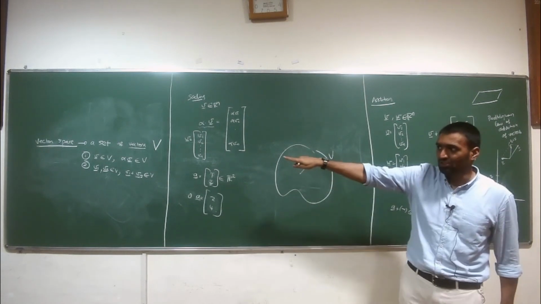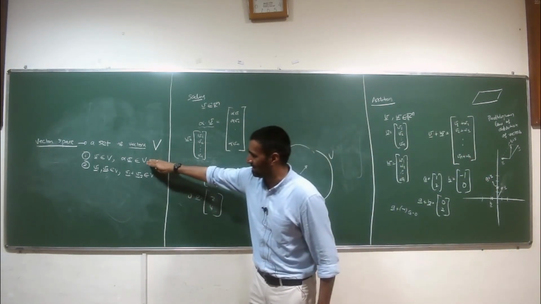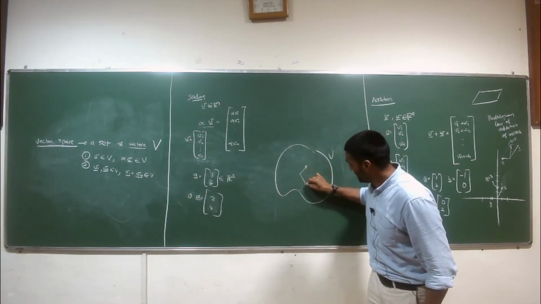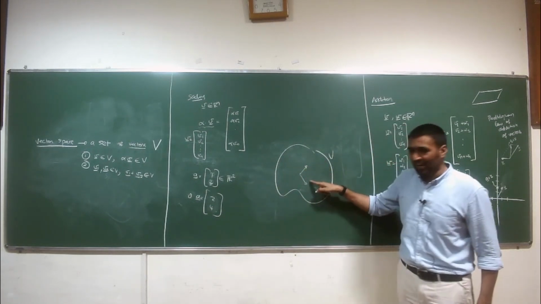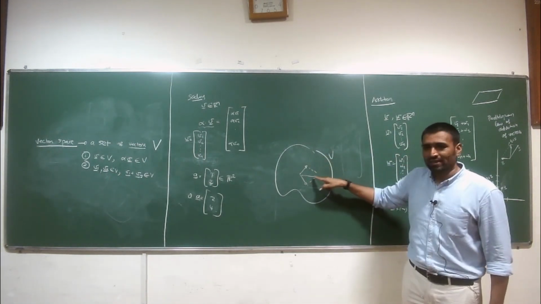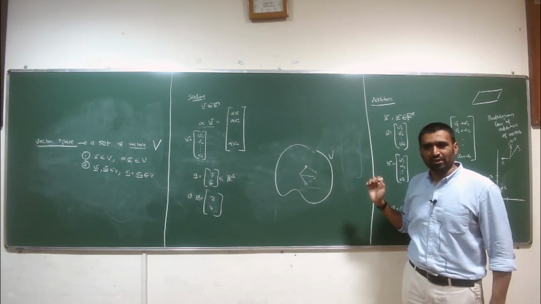That's what the first condition means. The next condition is if I take another vector and I add them together, if I apply the parallelogram law of vectors, the new vector also remains within this boundary.